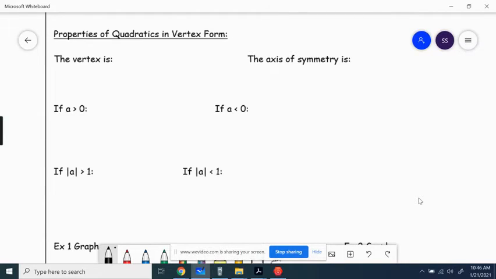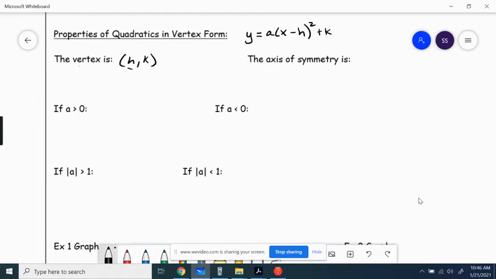Let's rewrite this out here. Vertex form is y equals a times (x minus h) squared plus k, and the vertex is (h, k). Remember, the h is a little confusing because inside it's negative h, or you can think of it as the opposite of h.